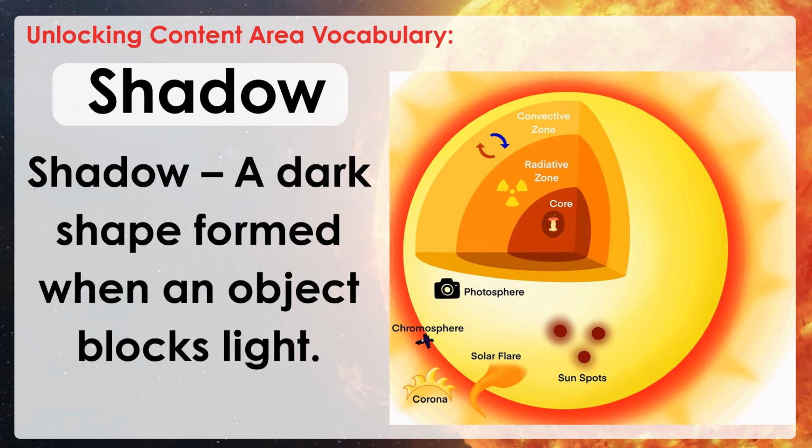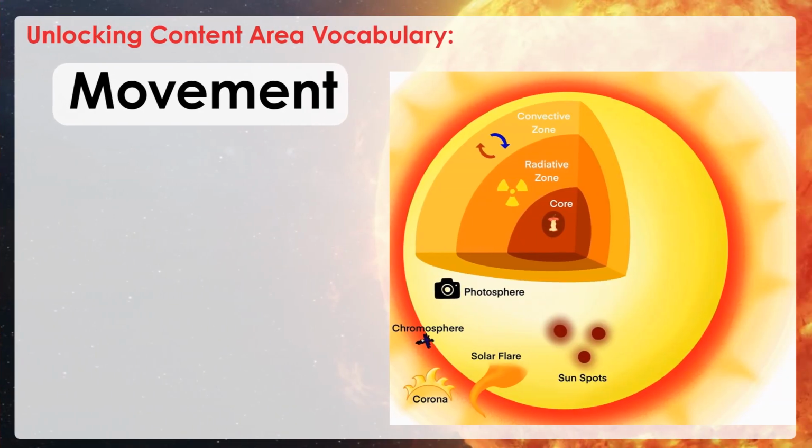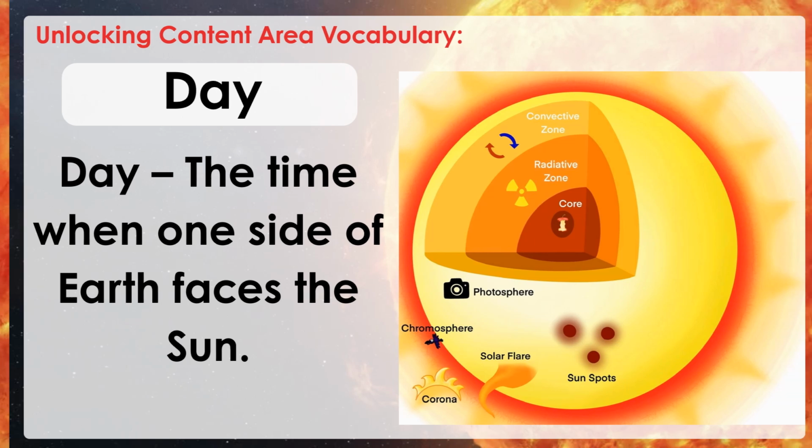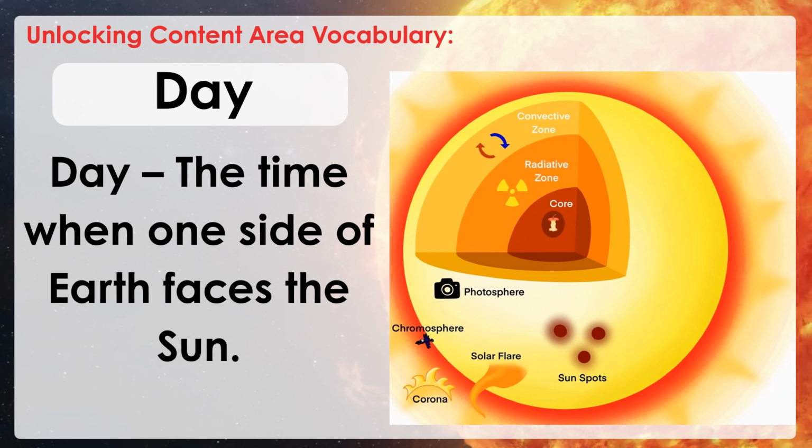Shadow. A dark shape formed when an object blocks light. Movement. A change in position or place. Day. The time when one side of Earth faces the sun.